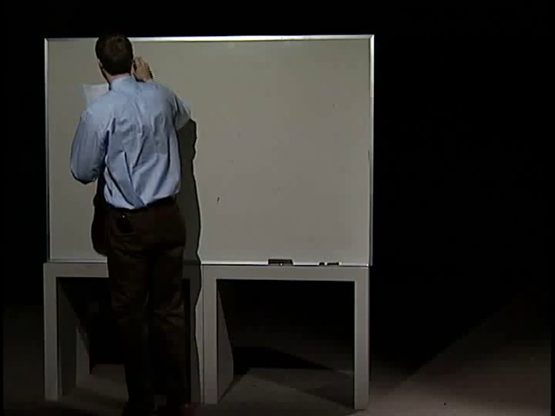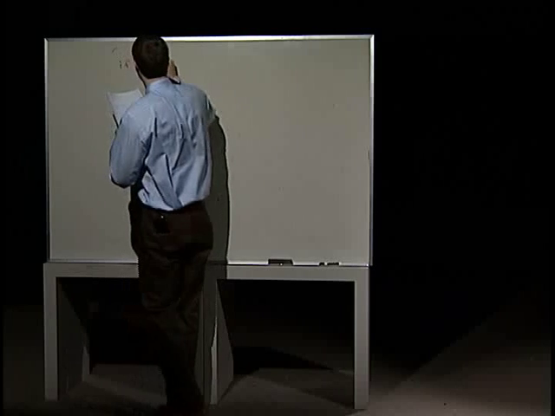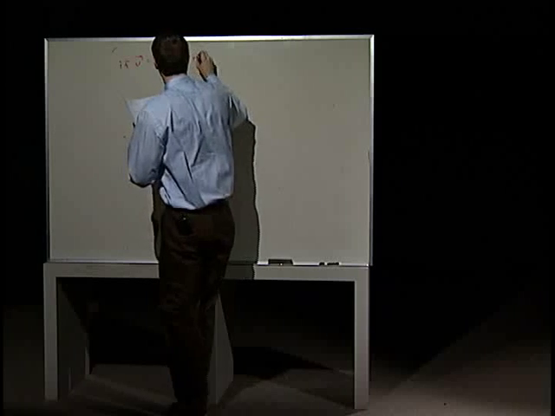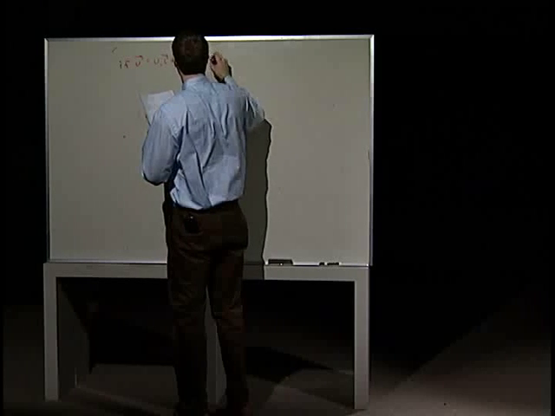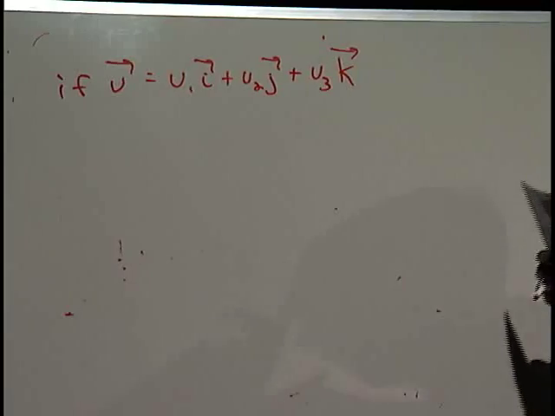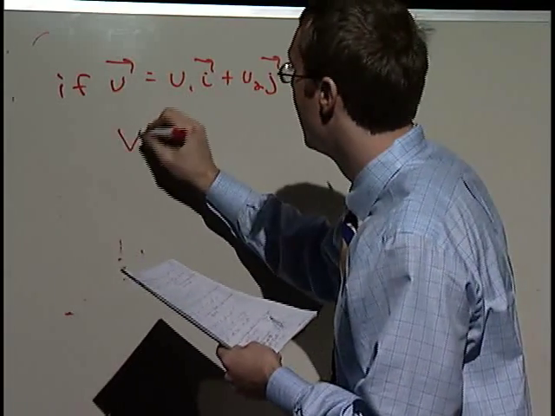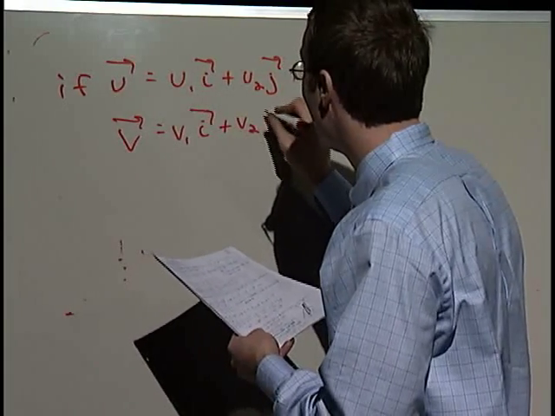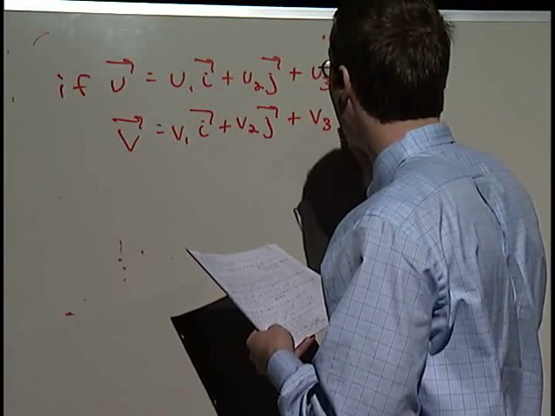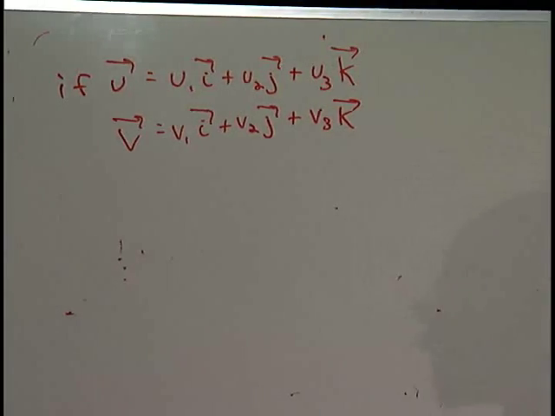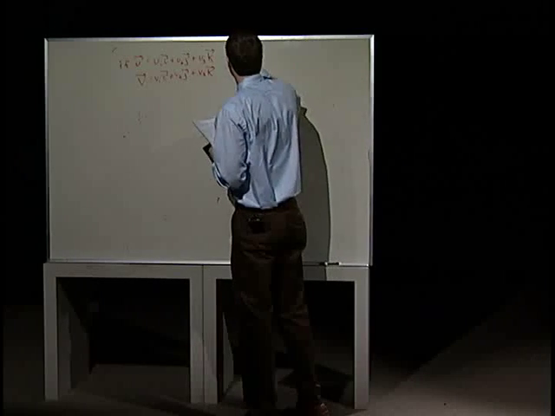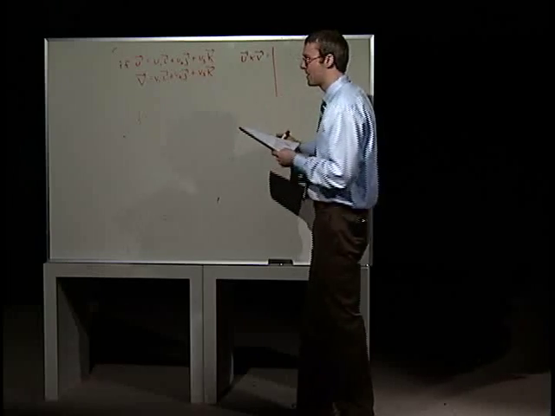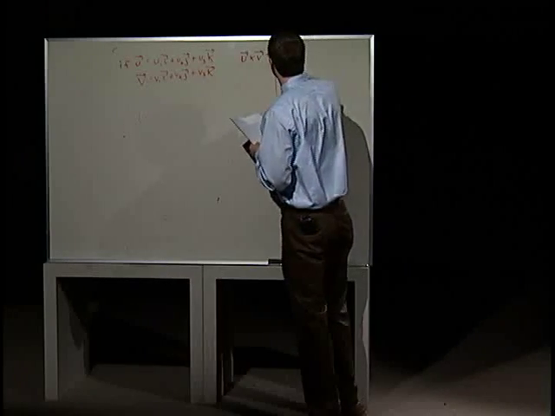So we have 2 vectors, u, which is component-wise u1 i, u2 j, u3 k, and we have the vector v, and that's v1 i plus v2 j plus v3 k, as such. Well, what is the cross product? u cross v is the 3x3 determinant given by the following matrix.